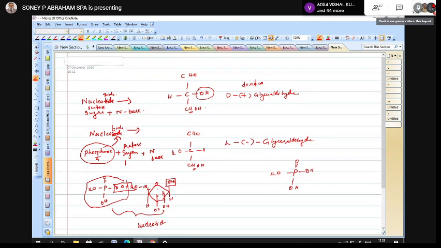Then that will lead to the formation of a polynucleotide. And polynucleotides are nothing but nucleic acids. Nucleic acids are nothing but polynucleotides.